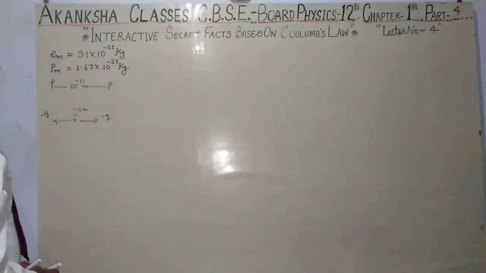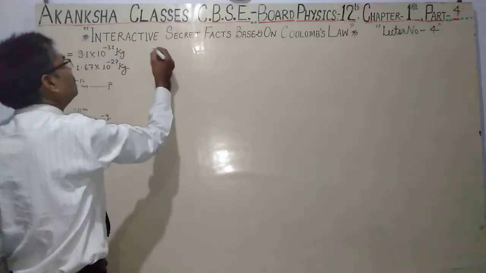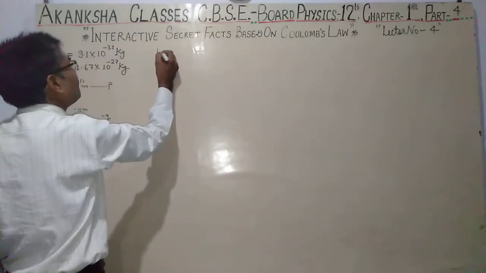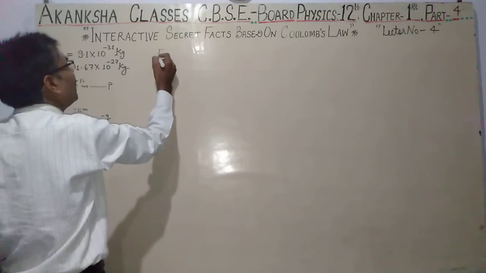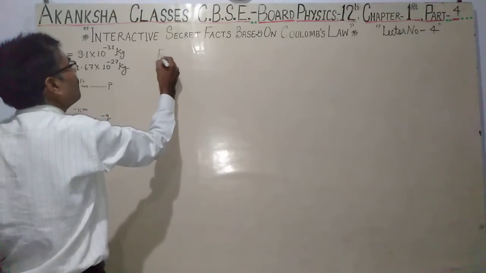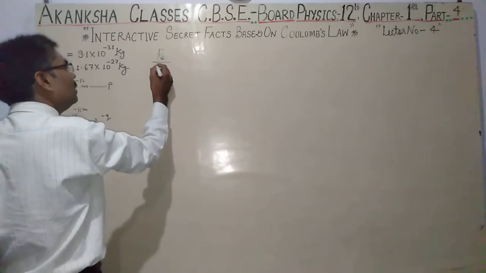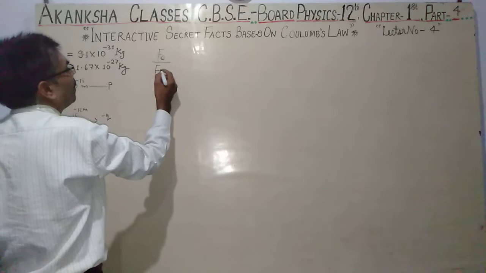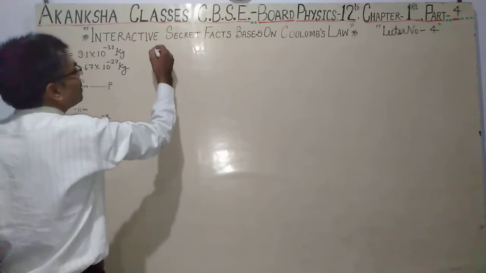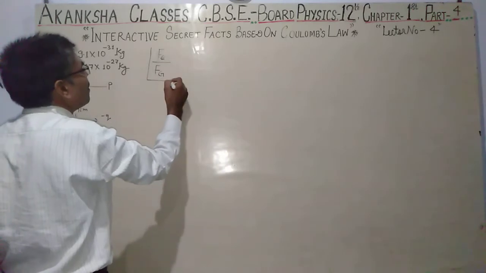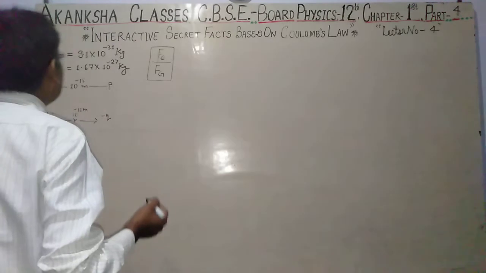So we have to find the ratio of electrostatic force, Fe, and gravitational force. As this ratio is dimensionless, we will try to find it.